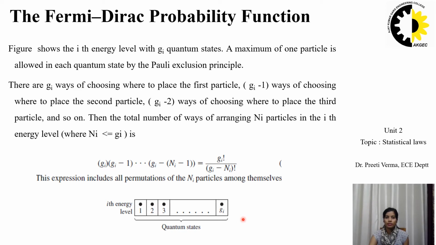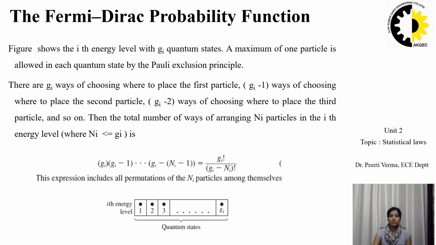Then for the second particle we have gi minus 1, because one place has been occupied by the first particle. In a similar way, for the third we have gi minus 2, because the first two places have been occupied by the first two electrons. In that way we can write it as gi multiplied by gi minus 1 up to gi minus ni minus 1, which is equal to gi factorial by gi minus ni factorial.